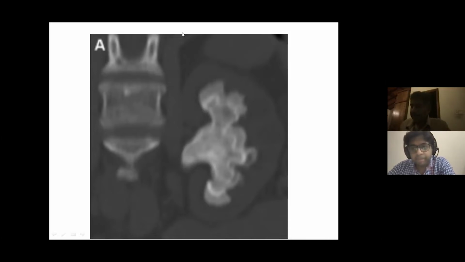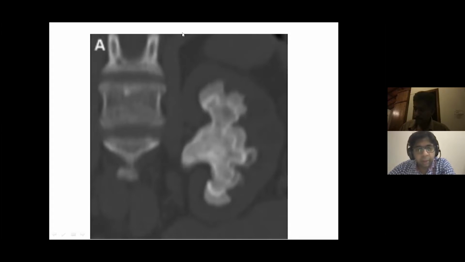Now, you can manage this patient. What is your final goal you want to achieve? If it is a Staghorn calculi, the main problem is recurrent infection, which can cause renal insufficiency.